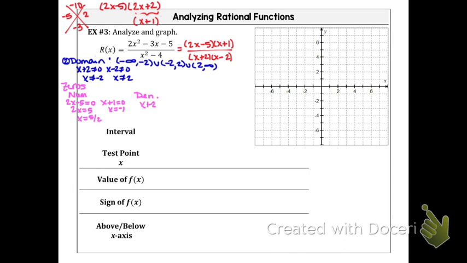So x plus 2 equals 0, x minus 2 equals 0, so we get x equals negative 2, and we get x equals positive 2. All right, we don't have any that are the same in the numerator and the denominator, so that means we have no holes. So these two are unique to the numerator, so these are our x-intercepts. And these two are unique to the denominator, so those are both going to be vertical asymptotes.